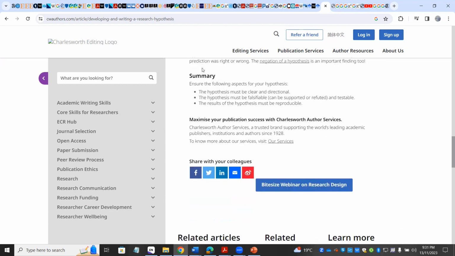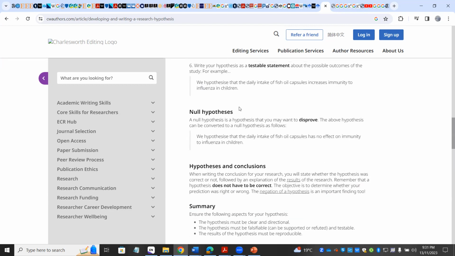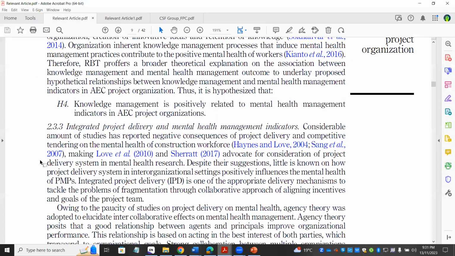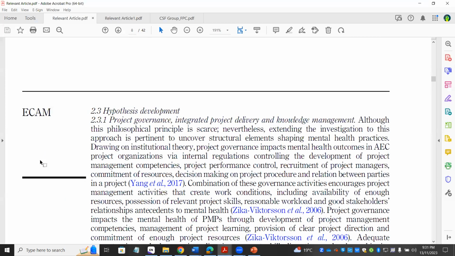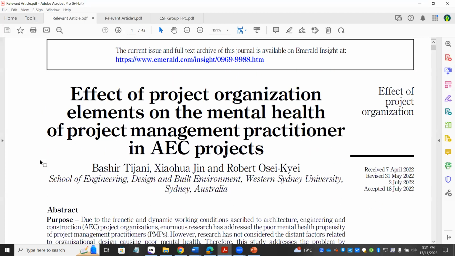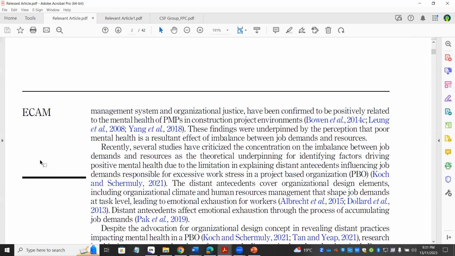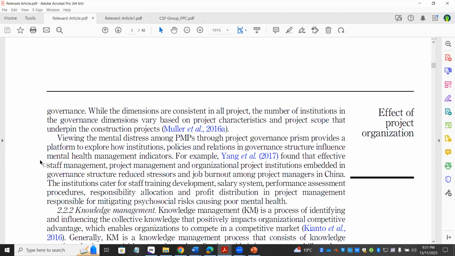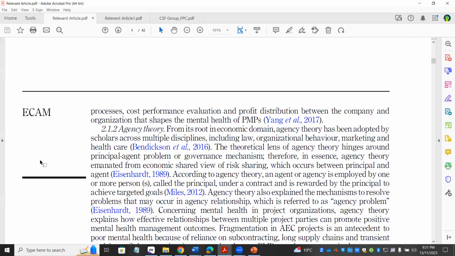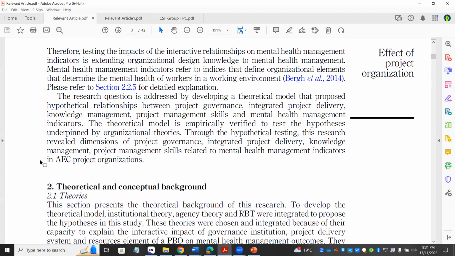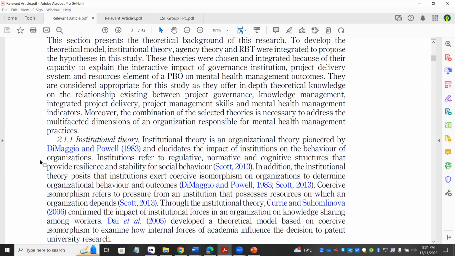So at this point, as I mentioned, I'll take you through some of the studies that people have done. This paper was written by Dr. Bashir Tijani, and I sent it to you. In this paper, first the paper provided examples of theories underlying their study.